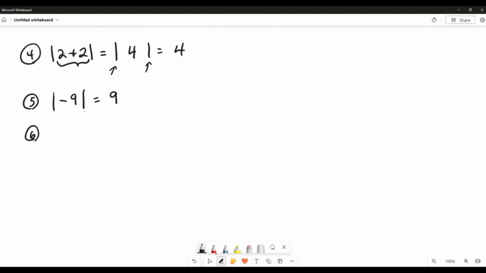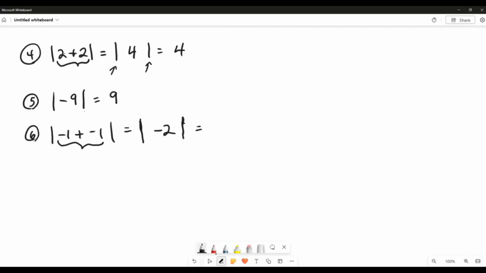But look what happens when we go to number 6. Absolute value of negative 1 plus negative 1. We have to do what's inside the absolute value bars first. So inside the absolute value bars, negative 1 plus negative 1 is negative 2.